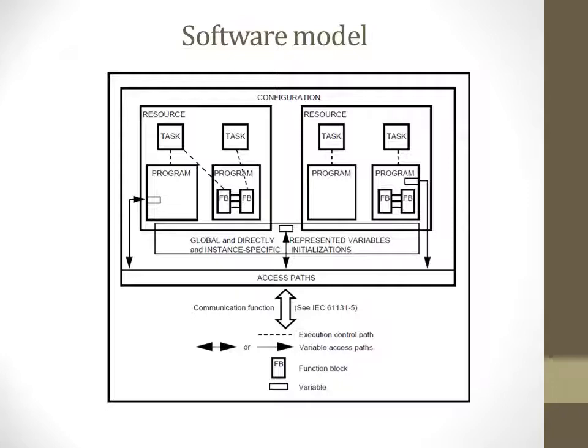Any application program which is realized in a PLC must contain a configuration, which contains resources. The resources have to contain one or more tasks. In every task we have the implementation of one or more programs.